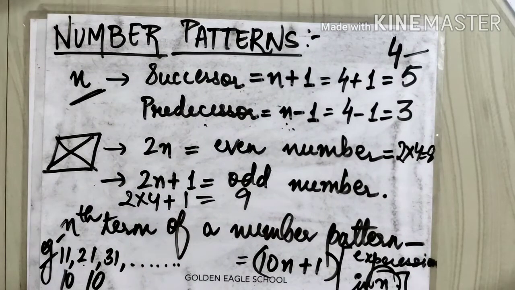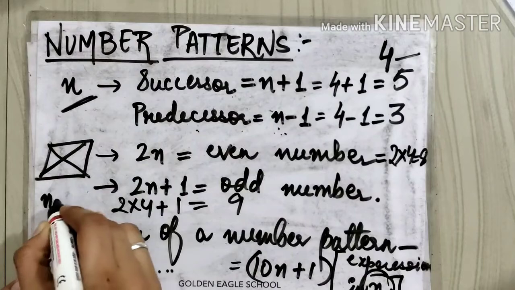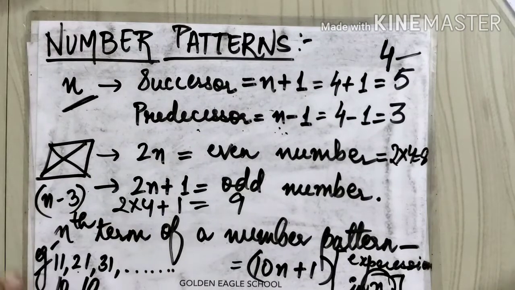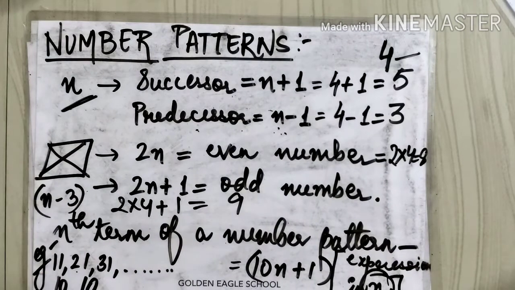In a similar manner, if we are drawing some other figure, how many diagonals are there? The number of diagonals we can draw from one vertex of a polygon of n sides is n minus 3. That is, the formula is n minus 3, the total number of vertices minus 3.